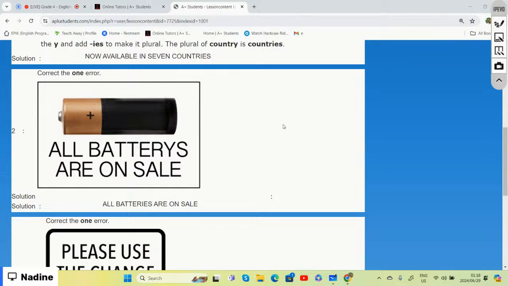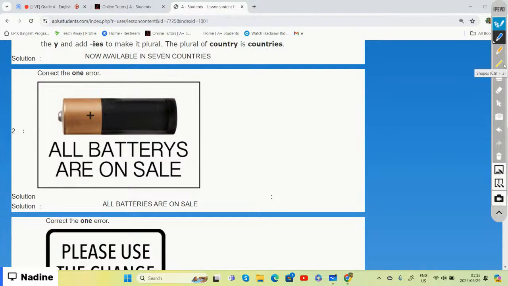All right, and if we were to choose our correct answer, or let's say to fix the error that we see on this page, then we would say it is batteries, because one battery, we change the y at the end.